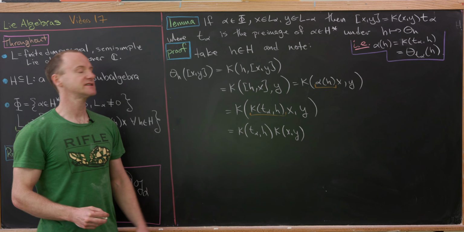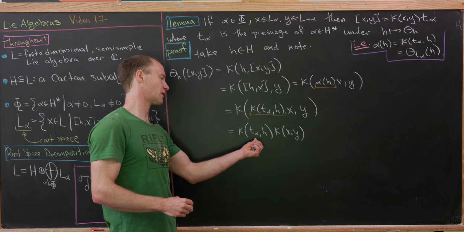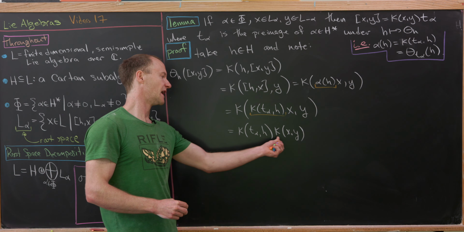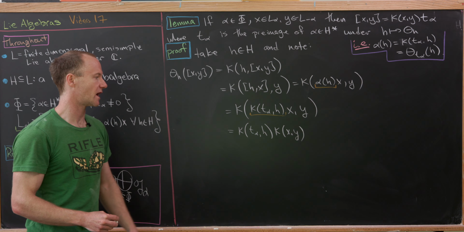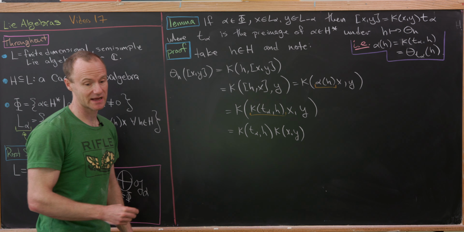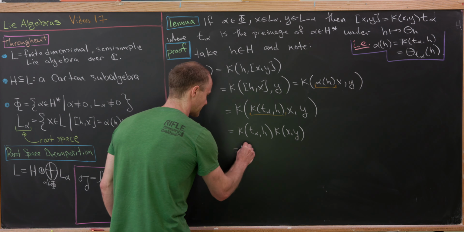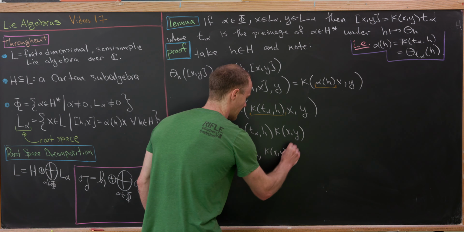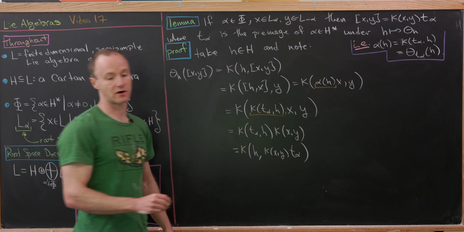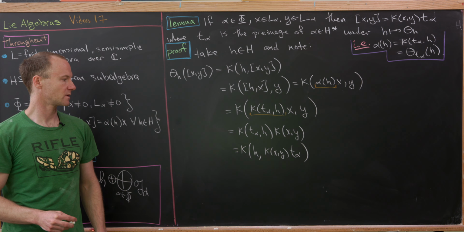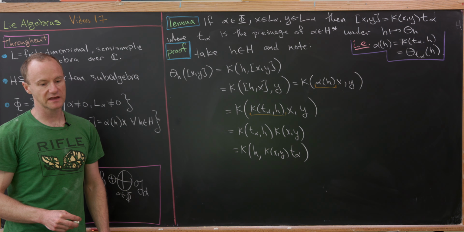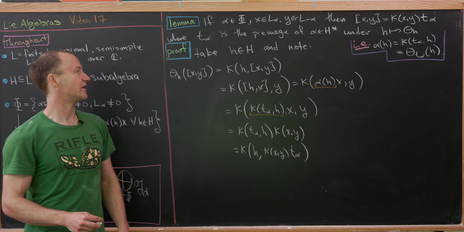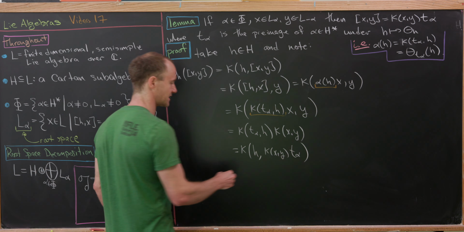But then this is a symmetric bilinear form, so we can swap the H and the T alpha, and then we can bring this kappa of x, y back inside. And that's going to leave us with something like this. We have kappa of H and then kappa of x, y times T alpha. Okay, but then looking at that, that is exactly theta H applied to something.